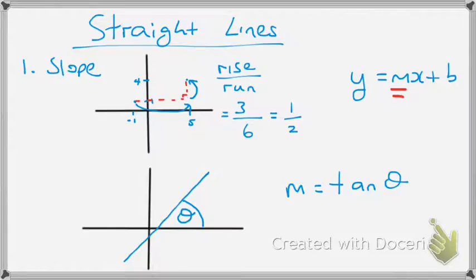Now if you think about why that is the case, if I construct a right angle triangle here, there's the rise, there's the run, and hopefully you can see that tan theta equals the rise over the run, opposite over adjacent. So that's another formula for the slope that's really quite important.